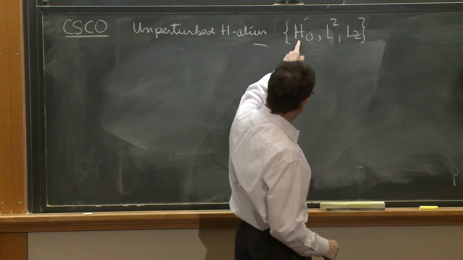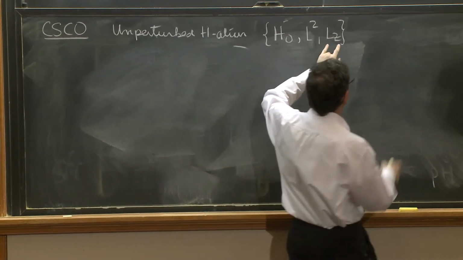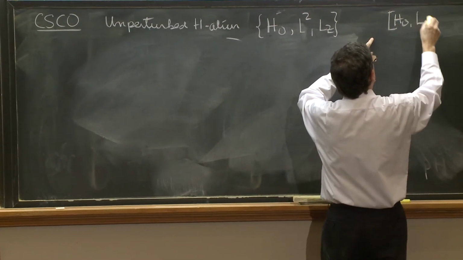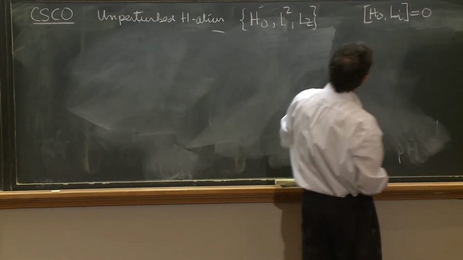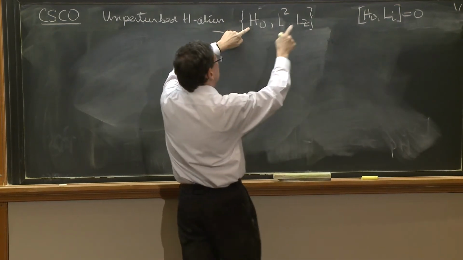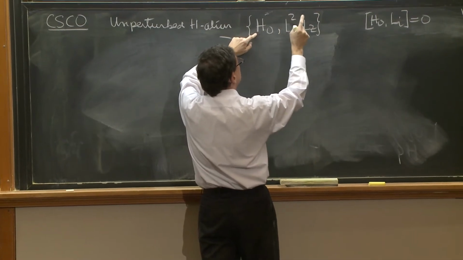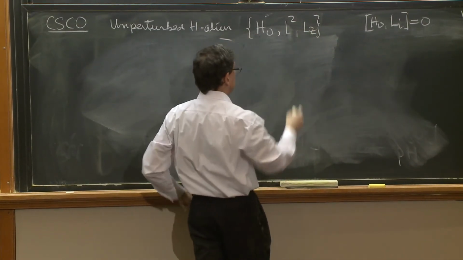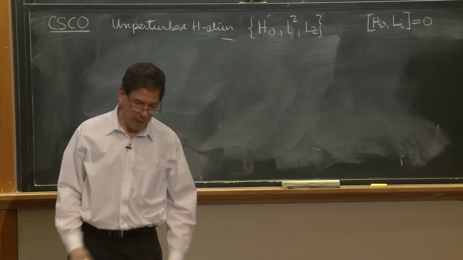This is a set of commuting observables. The basic reason is that you can show that the Hamiltonian commutes with any angular momentum operator. Remember, if any Li commutes, L squared will commute, and Lz commutes with L squared, and we cannot add more operators because if we add an Lx, for example, this would not commute with Lz.